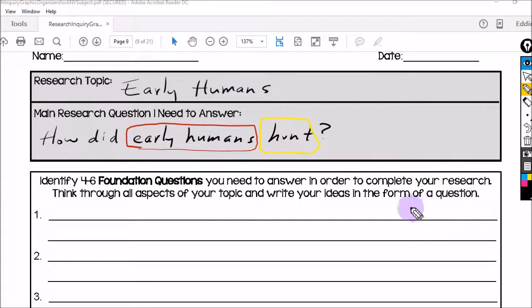Okay, now that you have that, what you're going to do is try to come up with questions about your subject. In this example, I'm using early humans. So one thing I would want to find out is when and where did early humans exist?